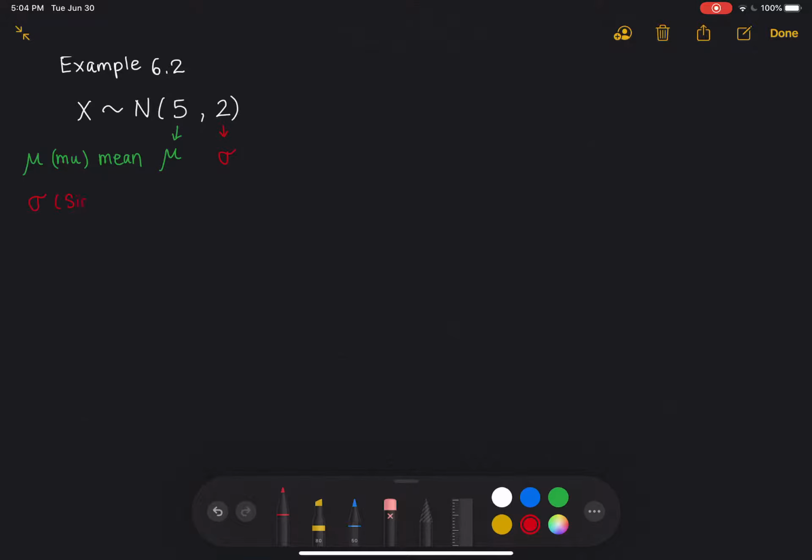It's read as sigma, and it stands for the standard deviation, and we usually write it shorthand as STD DEV.